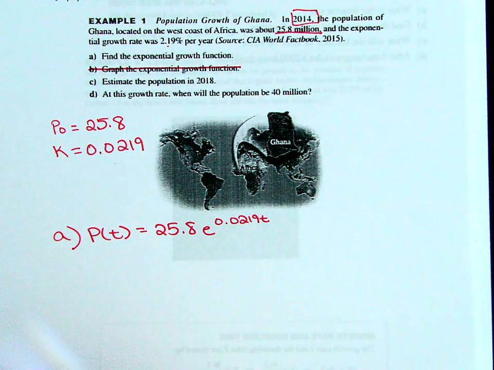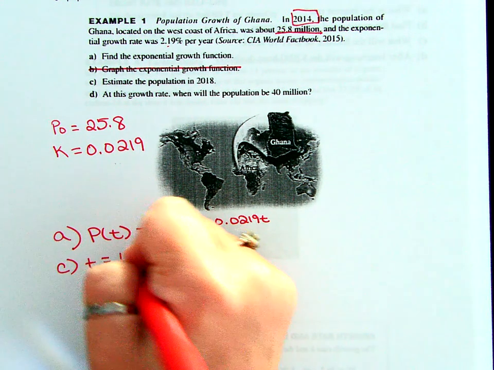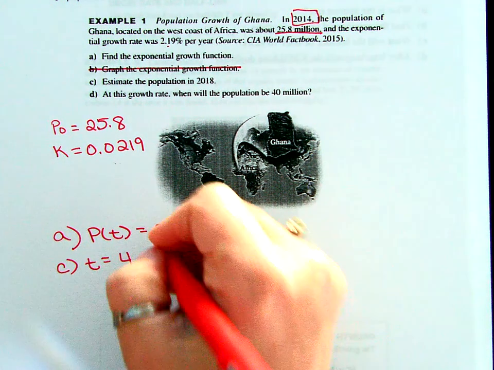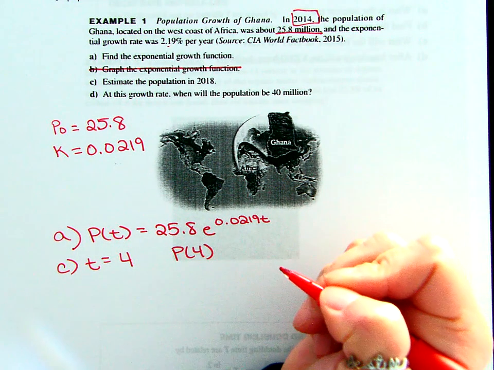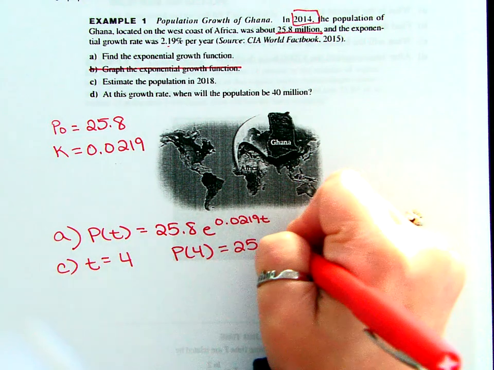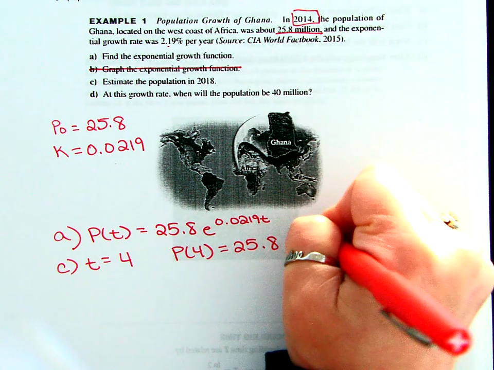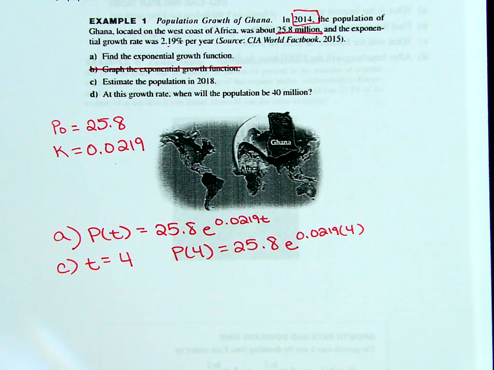So if we're dealing with 2018, then that means our t is going to be 4. So we're finding P of 4, or the population in year 4 from our starting point, which is 25.8 e to the 0.0219 times 4. You're going to want to type all that in.